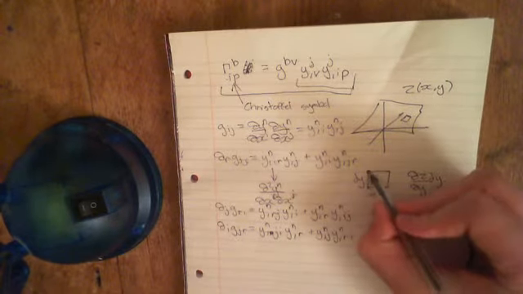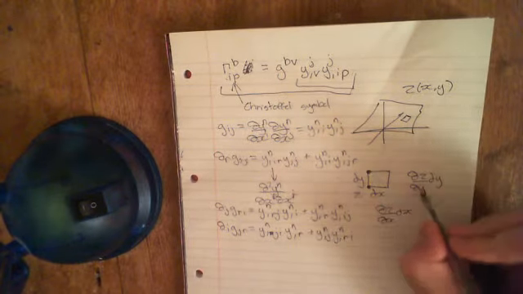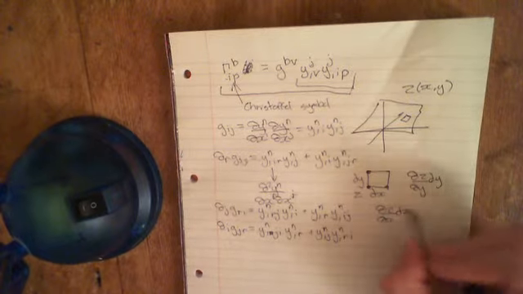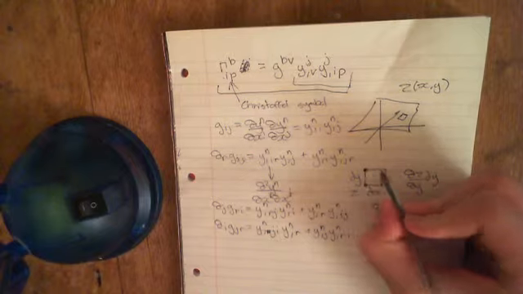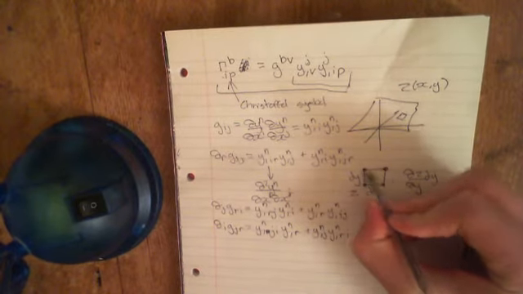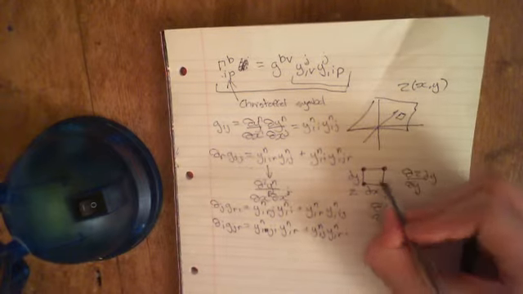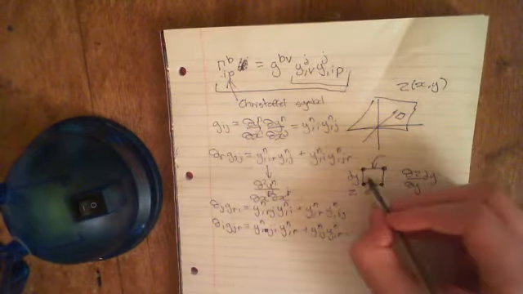Let's call the z at this point z. So the z at this point will be z plus this, and the z at this point will be z plus this. What we want is that if we add the bit along here and get to here, it's the same as if we go along this way, get over to here, and then add the bit on here. So what do we add if we go along here?